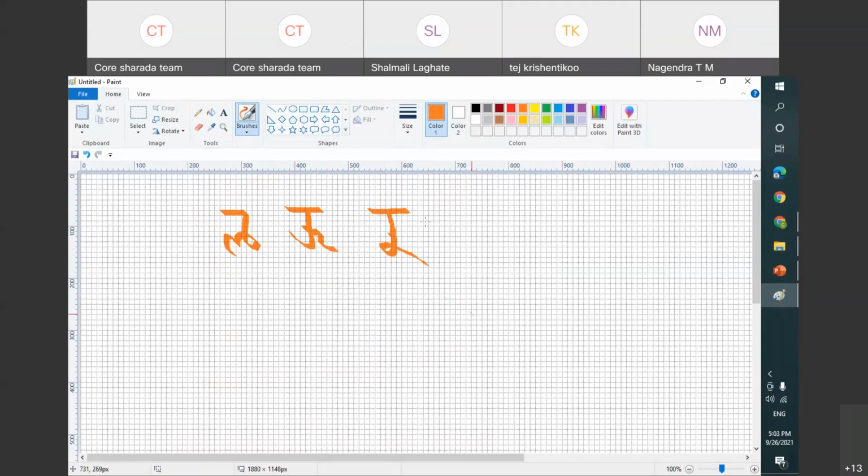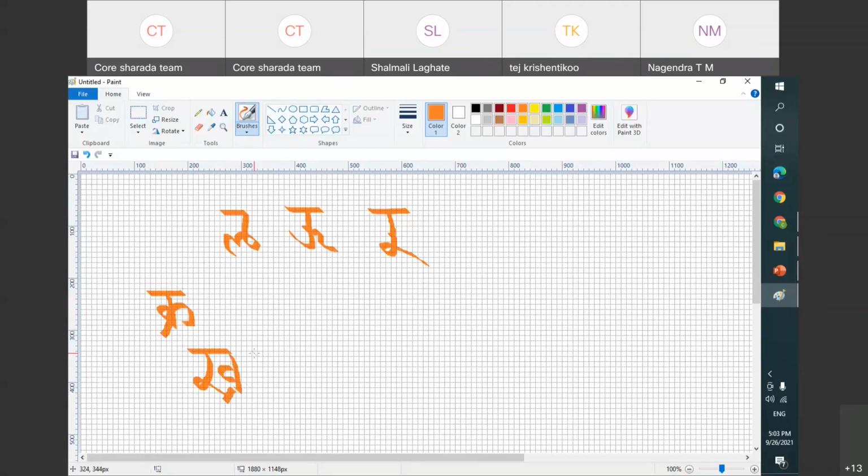Okay, sir. I think in the next class we will cover when r is written below, for example kr, gr, these words. So those things we will cover in the next class. But today we just covered when r is written above. We covered most of the things.